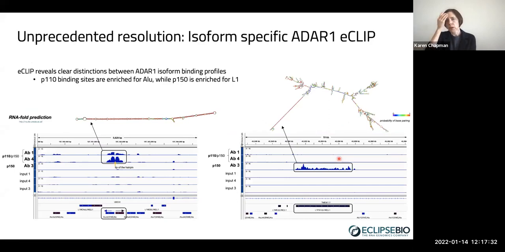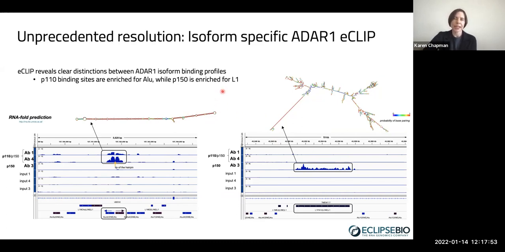So at ECLIP, we've extended this to many different proteins. And I just wanted to show you an example of one that is particularly interesting. So ADAR1 is an RNA editing enzyme, and it binds ALU elements and double-stranded RNA transcriptome-wide.